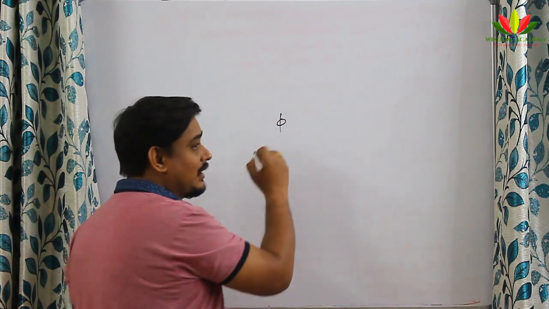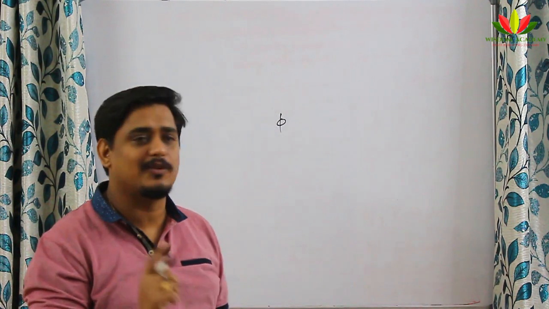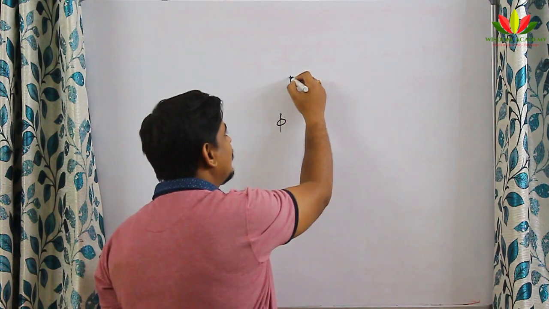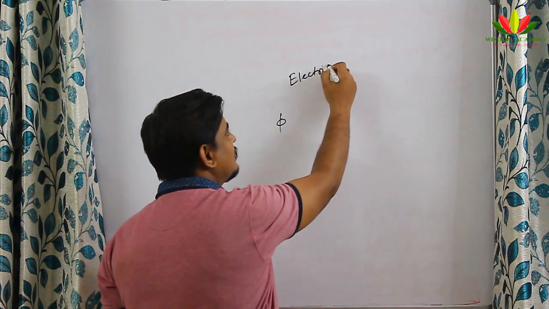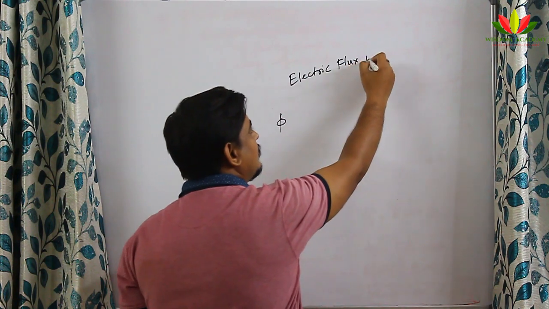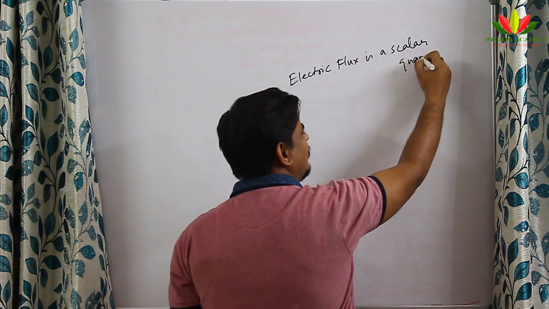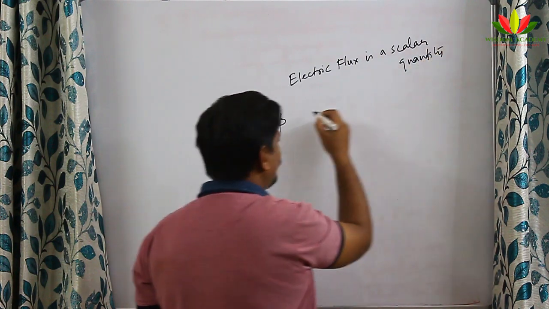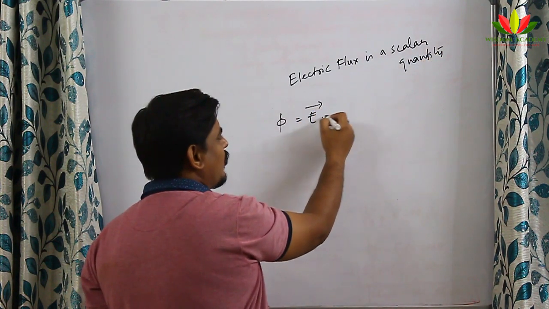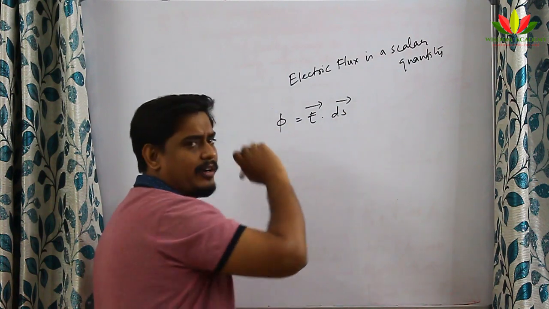One thing, I think in the beginning somewhere on the flux I made an arrow. Is it correct? I don't think so, because flux is a scalar quantity. Electric flux will be a scalar quantity. How is it a scalar quantity? Very simple. Since it is a dot product of two things, you know that if it is a dot product of any two things, it will be a scalar quantity only.